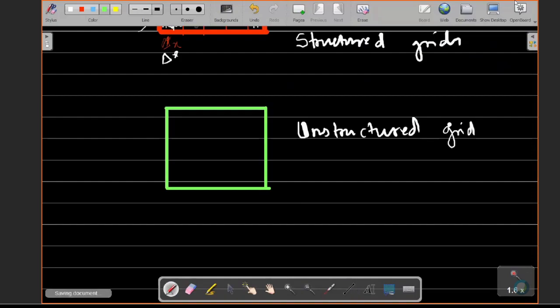Those who have done the finite element method know about triangular elements. Most people use triangular elements like that.